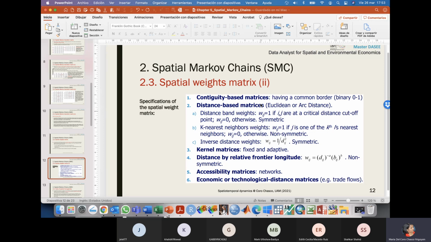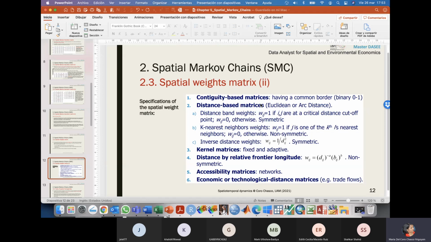If you are considering the city of Paris or Madrid or Santiago, specific locations, and this is your sample, the Euclidean distance is going to be more or less the same as the arc distance, okay? And you are not going to find a lot of differences.